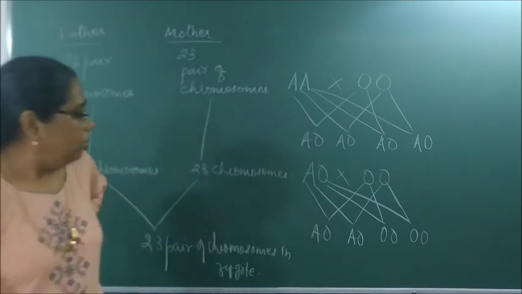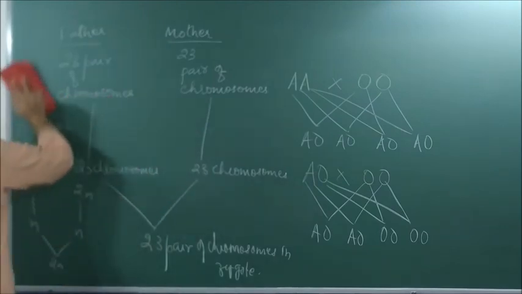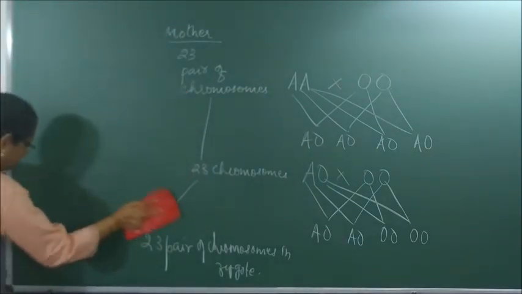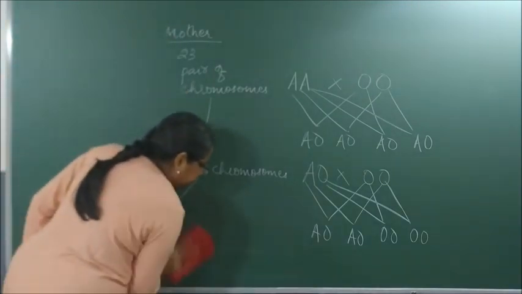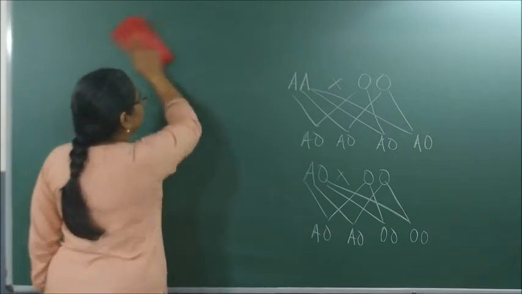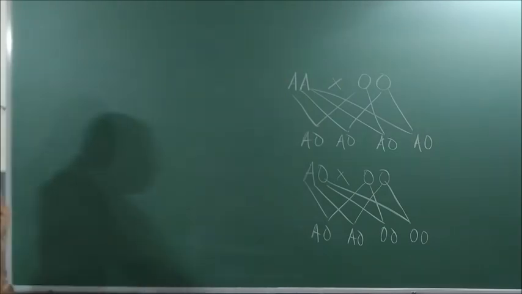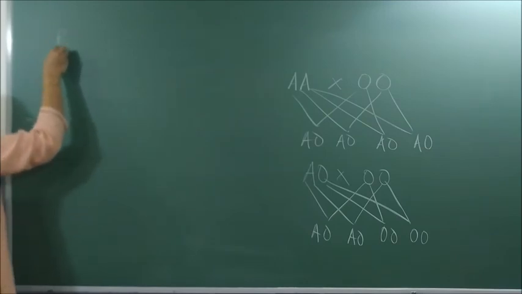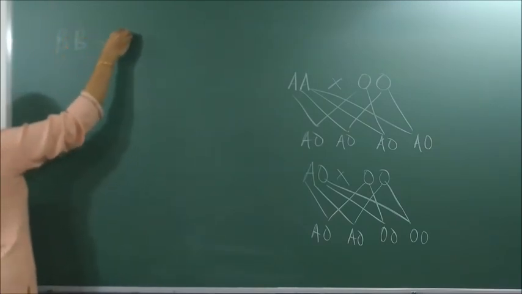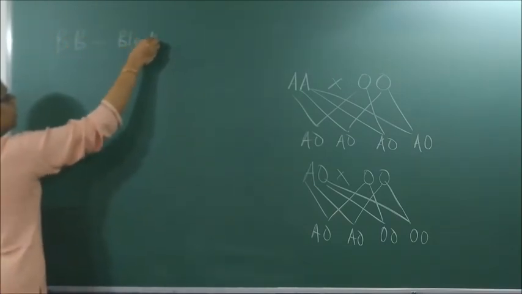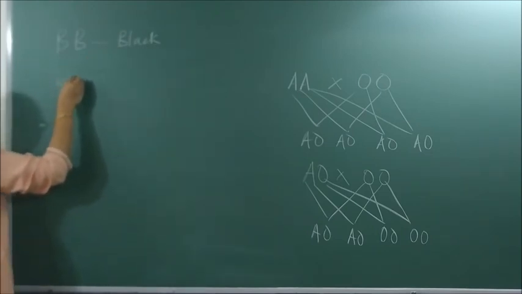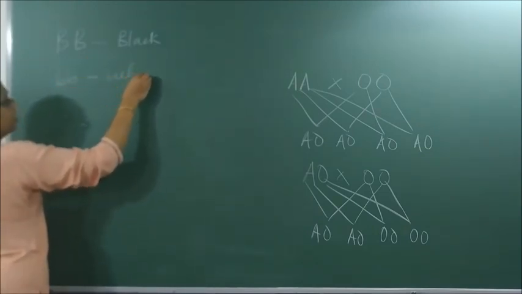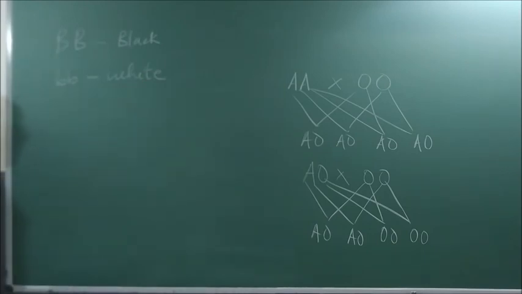Fine. So next, what? Because the dominant color is black, let capital B B be black color coat in dog. Small b b, let it be white color coat in dogs.